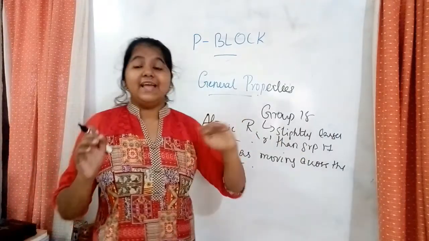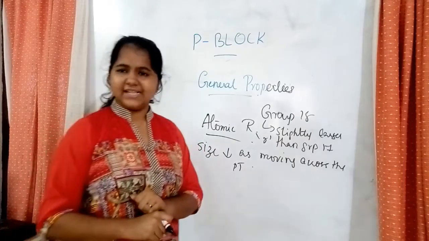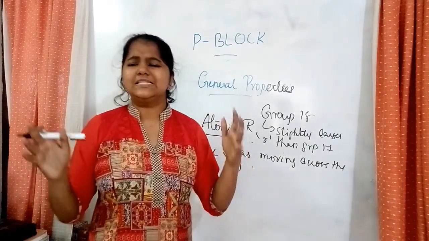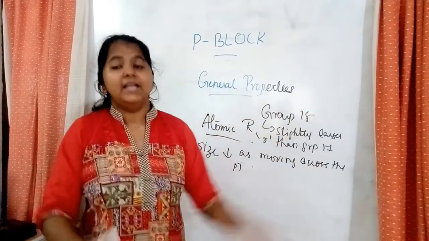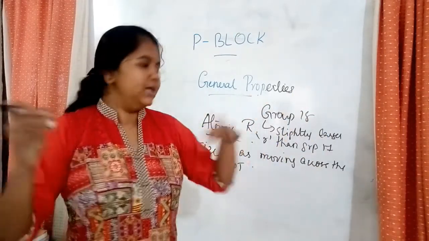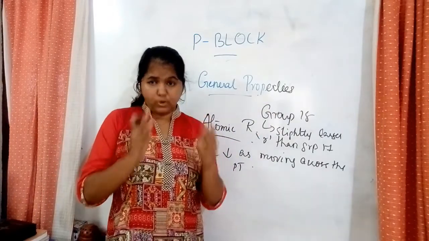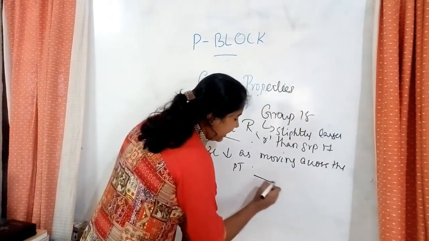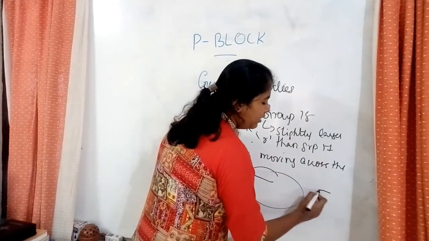Over there we learned about the van der Waals force. Am I right? The van der Waals force is the weakest force and hence it has a bigger radius than the ionic radius. And therefore, since it is a van der Waals force, the radius would be larger than that of the radius of what?